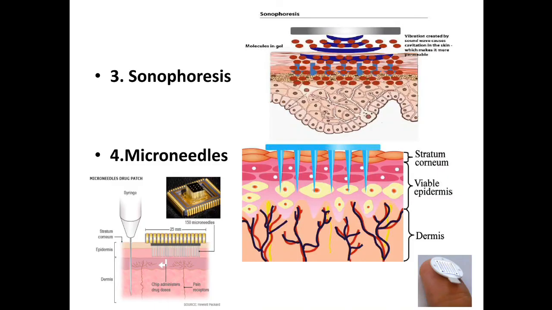Another approach is sonophoresis. We use ultrasound energy or frequency. High frequency ultrasound is also being studied as a means to enhance the transdermal drug delivery system. The frequency generally ranges from 20 kilohertz to 3 megahertz, used for diagnostic purposes, massage, dentistry, like that.